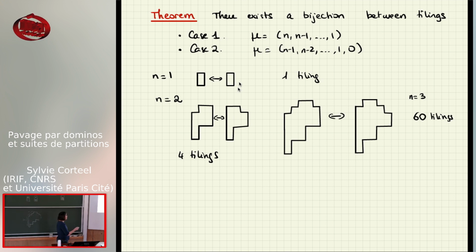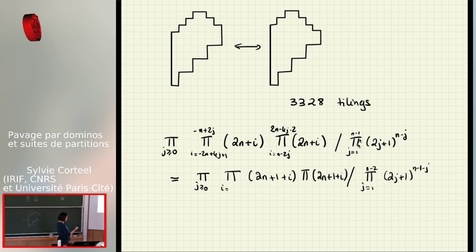Okay. But if n equals 3, then it becomes non-trivial, and n equals 4. You see that the shapes look fairly similar, but the top part is different. Okay, here I go up n steps and go down n minus 1 steps. And here I go up n minus 1 steps and go down n steps.